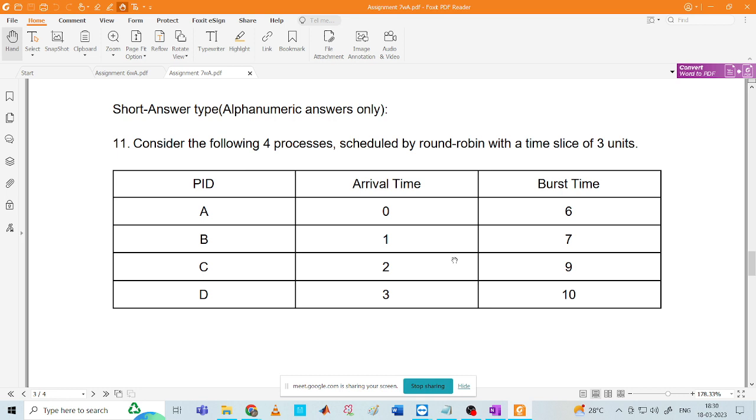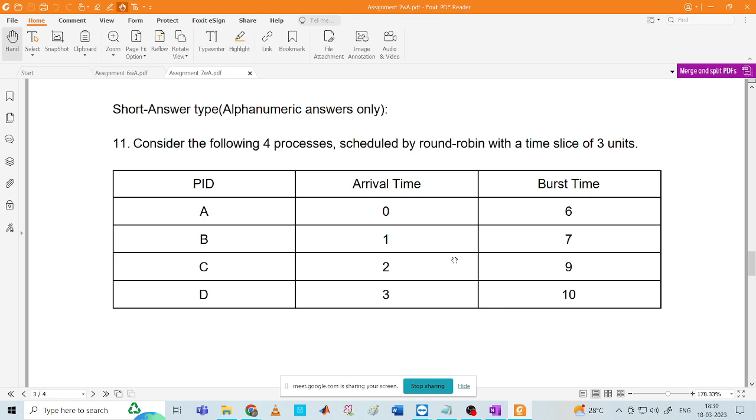The priority should be given to the task that has the least burst time, right? For question number 11, in round robin there is no such priority. I have taken A first as it arrived at 0. Since it has a slice of 3 units, at 3 I have taken A out and kept B in.